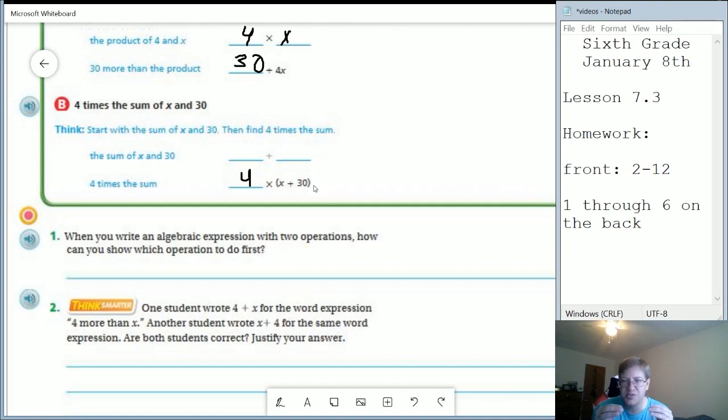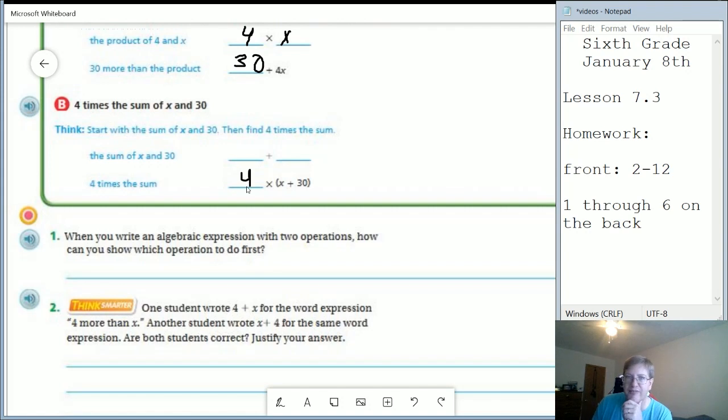If we really want to do something else first and we've got like a tie for different things, then we can go ahead and kind of manipulate how it's written. So let's say in this example that we want to go ahead and multiply both of these.